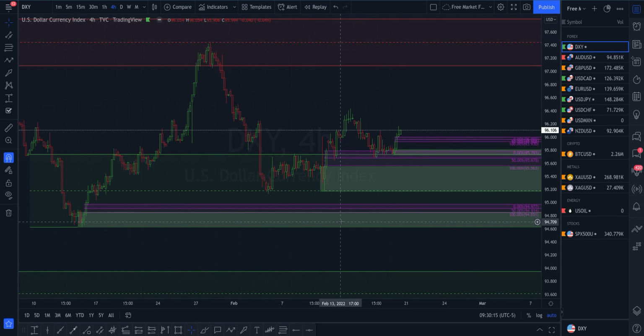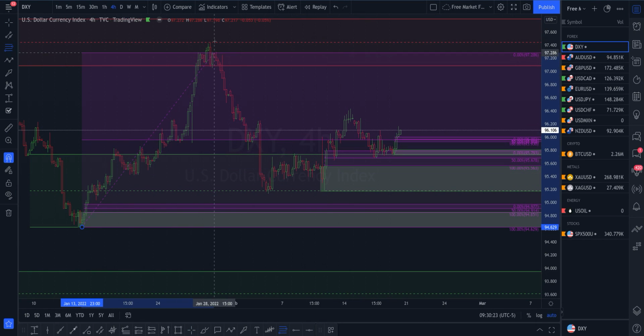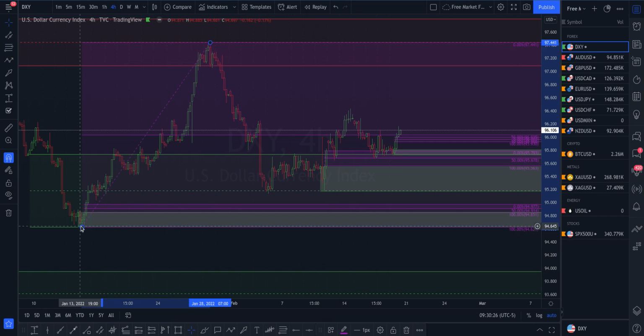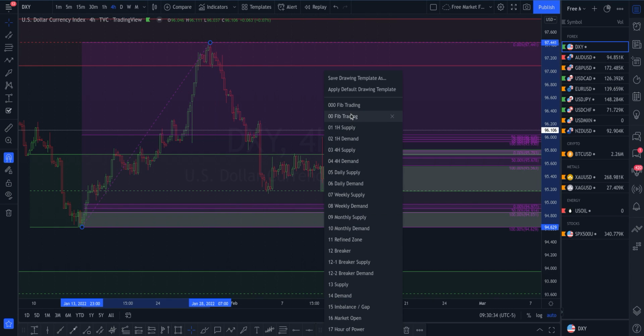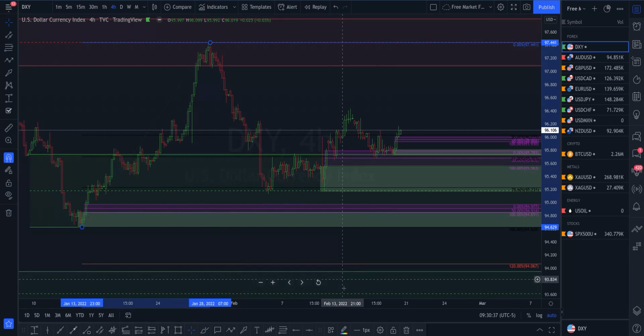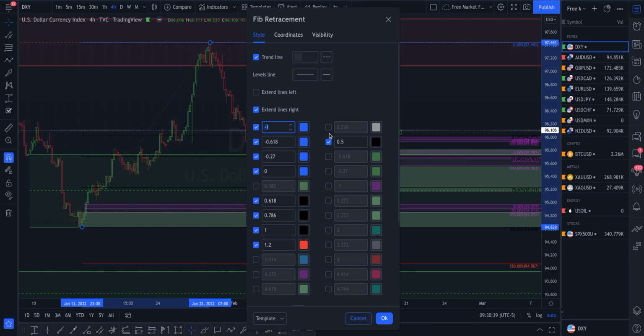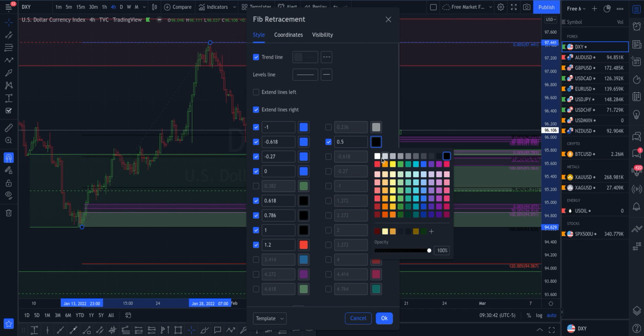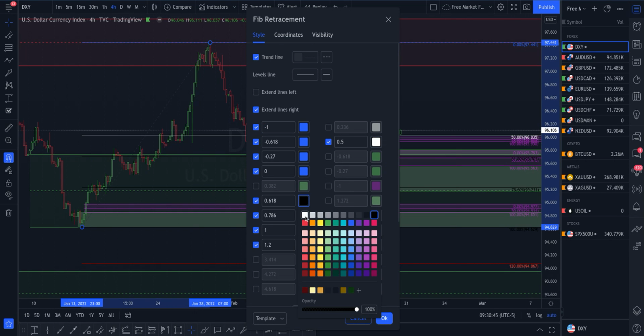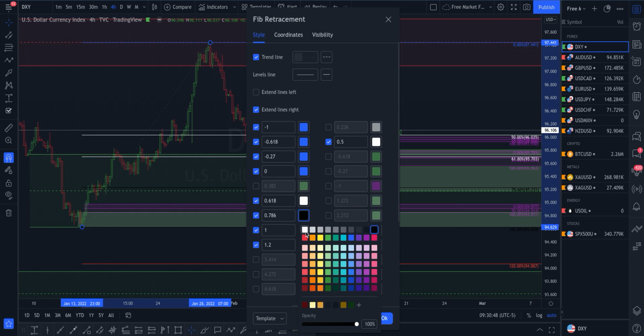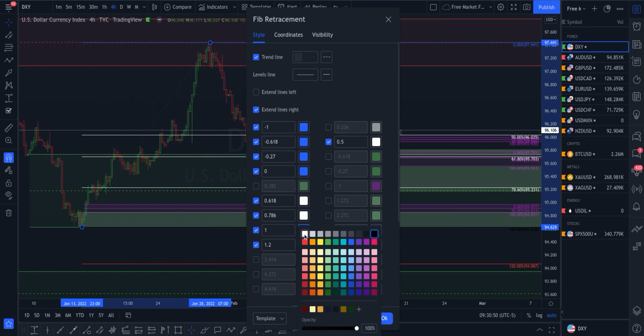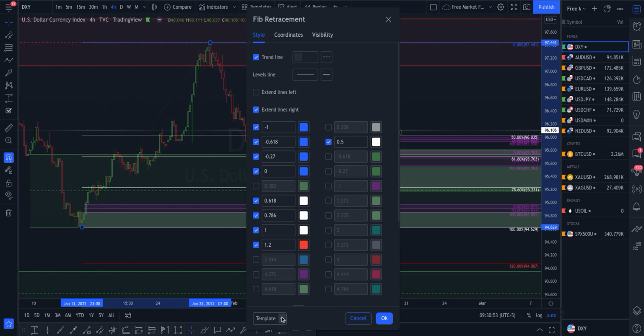The next thing I'm going to look for is Fibonacci confluence. I'm just going to come here and select my most recent lowest of low and most recent highest of high. Go over to fib trading, and we're going to change these colors over to white just so we can make out our entry areas.